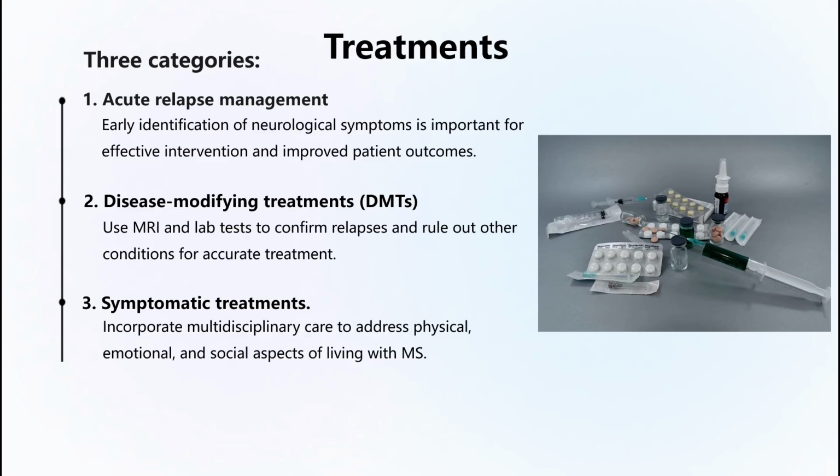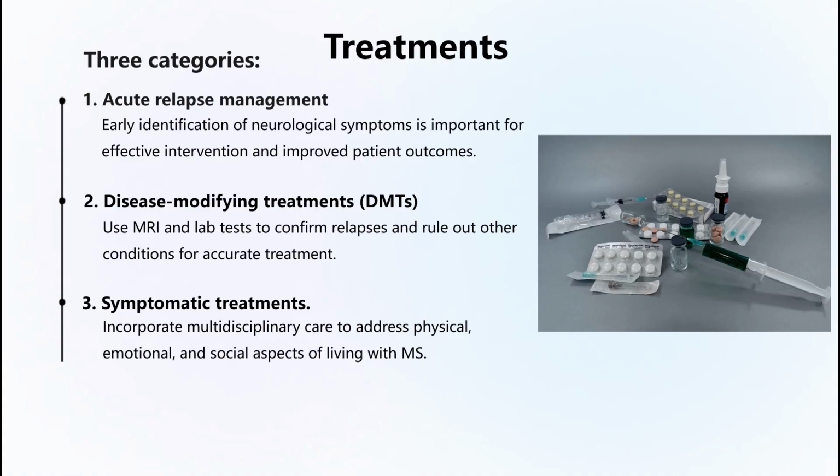Speaking of treatments, there are three categories. First is acute relapse management, which focuses on the neurological symptoms and improves patient outcomes.